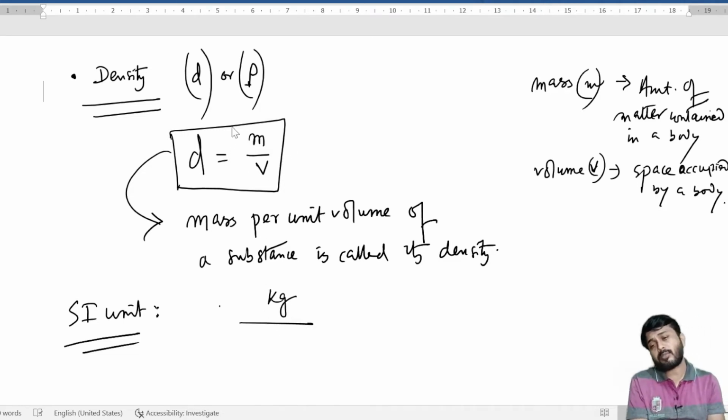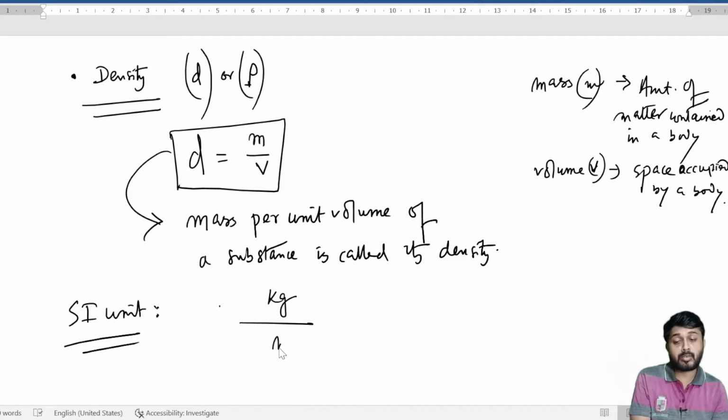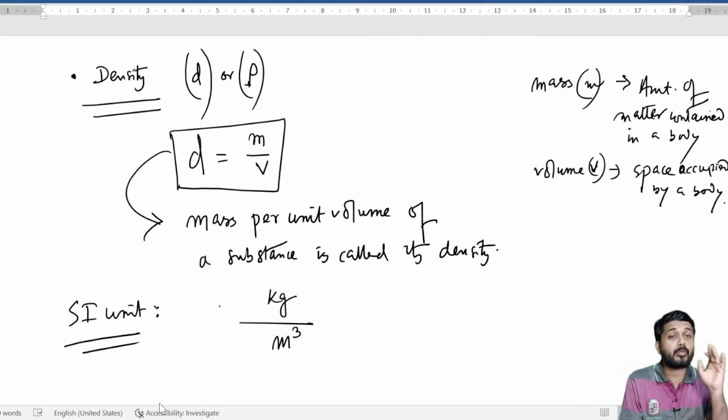Because in the formula for density, mass by volume, in the numerator should come the SI unit of mass, in the denominator should come the SI unit of volume, which is meter cube. Meter into meter into meter, length into breadth into height. A cuboid is a standard shape which is used to find the unit for volume. Length into breadth into height is the formula for the volume of the cuboid.